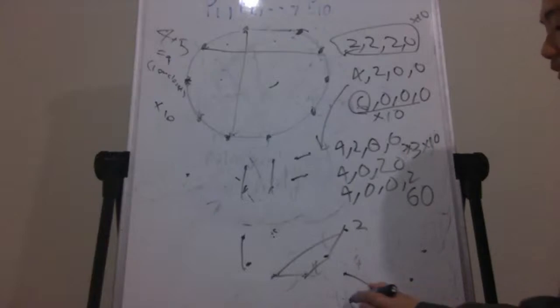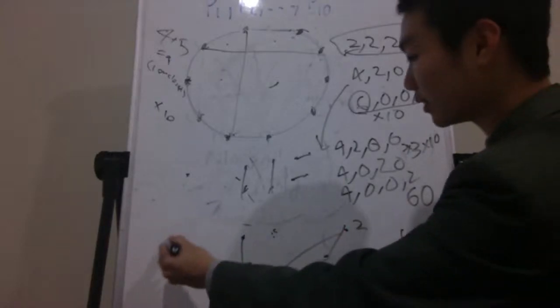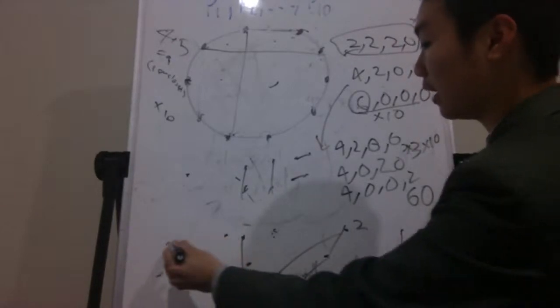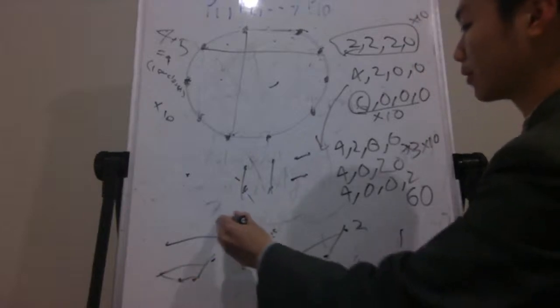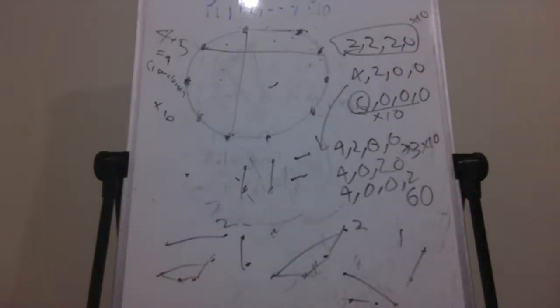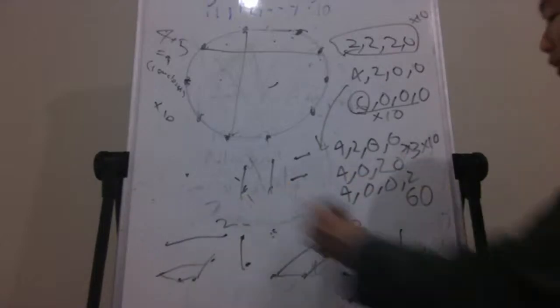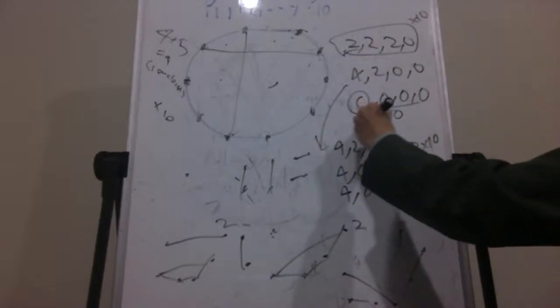So we have to connect here. Then there's 1 way. And finally, if this is connected here, we get another 2 ways of doing it. So you're working out how many ways there are for 6 points to not cross. That's 2, 2, 1, so 5 ways of doing this. So there's 5 times 10 here.